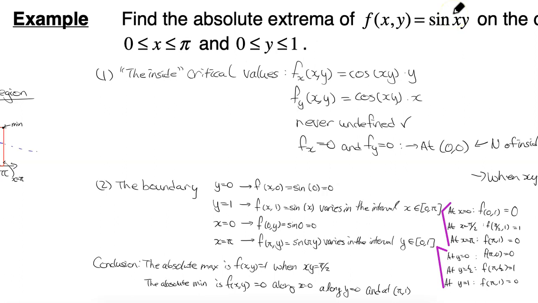Now that's interesting. How is this going to behave when y goes from 0 to 1? Well, if y equals 0, we have sine of 0, which is 0. If y equals 1, we get sine of pi, which is 0. And somewhere exactly in the middle, when y equals 1/2, it's going to be sine of pi over 2, which is equal to 1. So all of those are found here. So we have a similar shape.